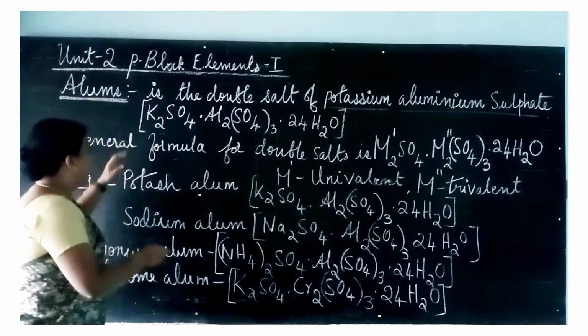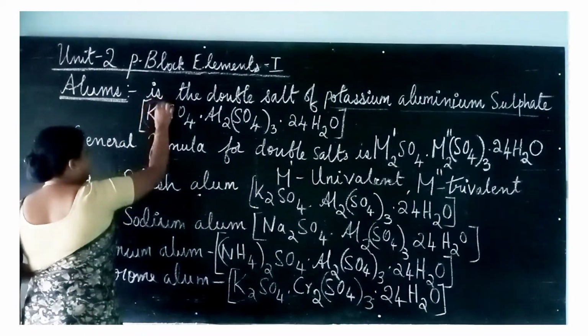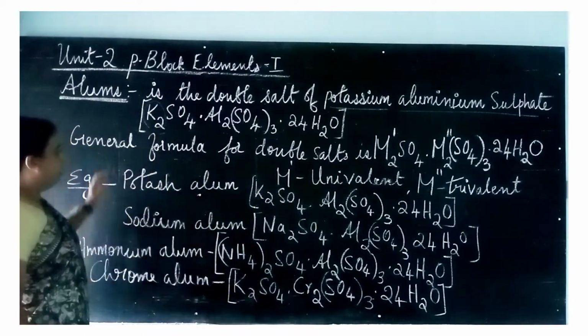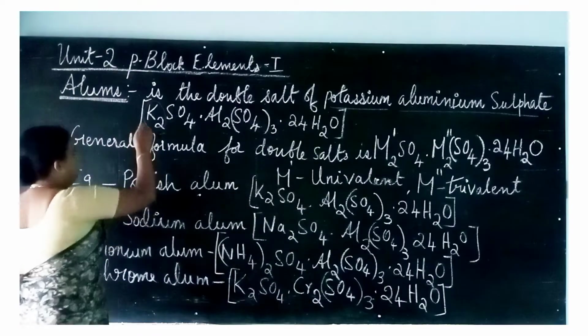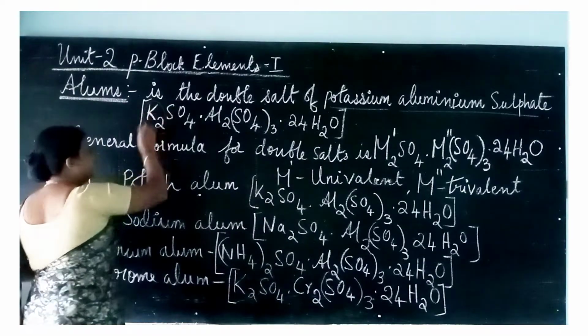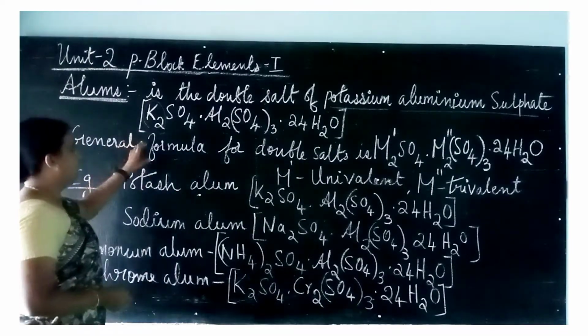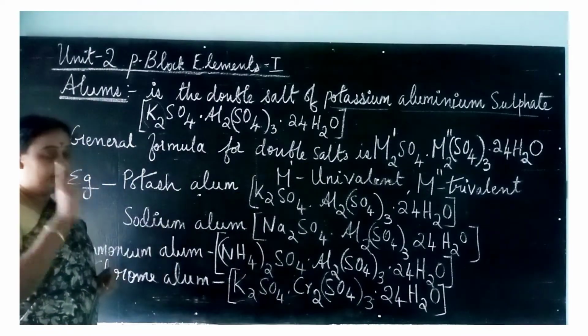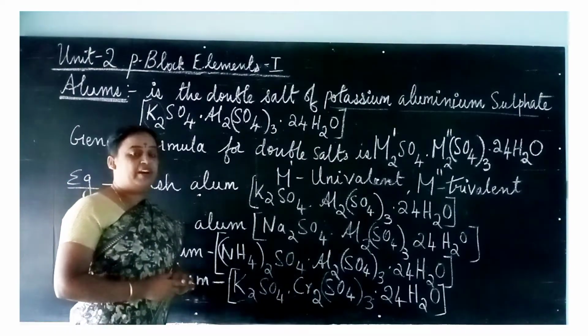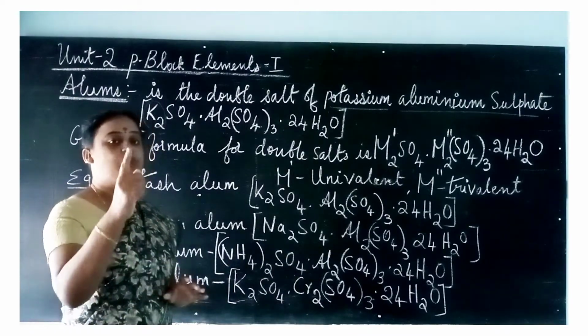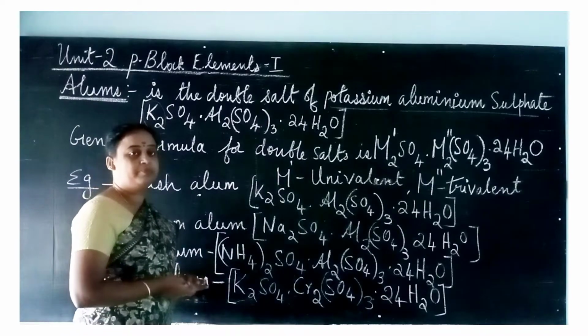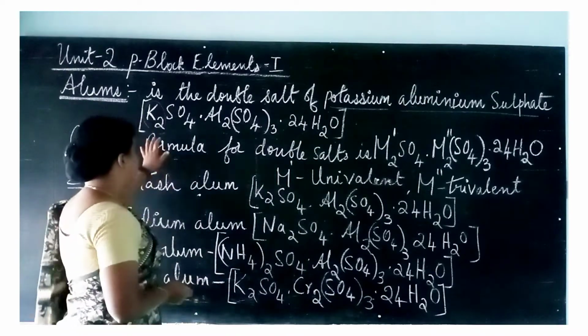Now this K2SO4 is the first salt. In this first salt, potassium is a metal ion with a valency of plus 1. It is univalent. Why is it called univalent? Because its valency is 1, a positive ion with plus 1.